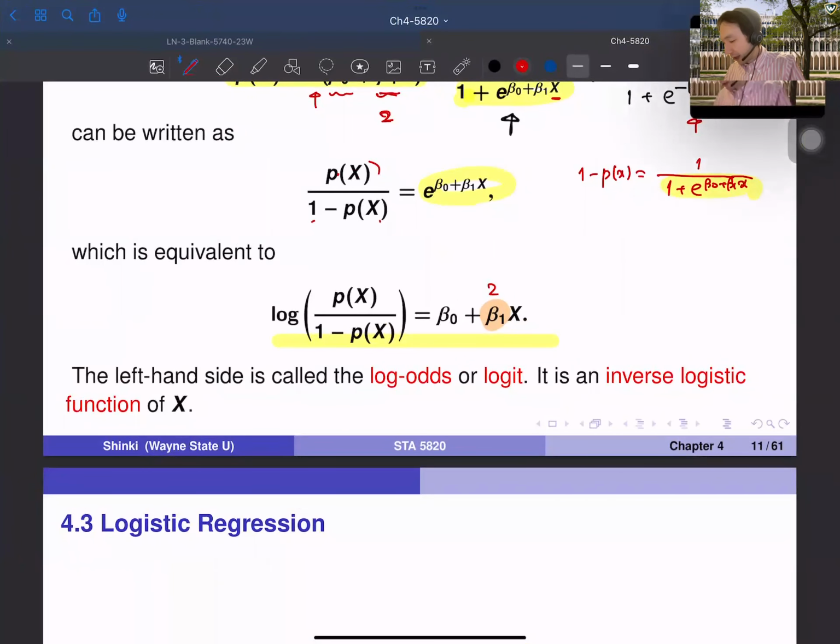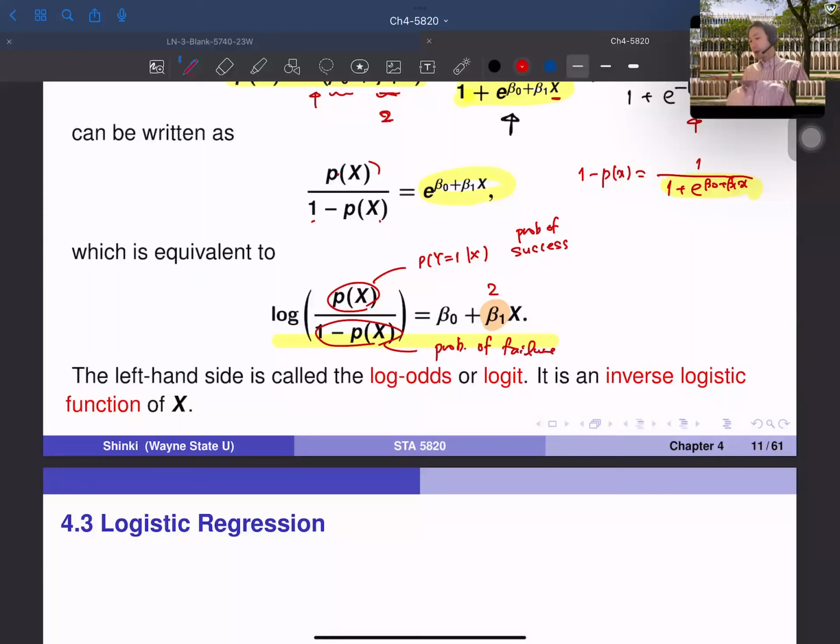So a kind of success probability, if y is equal to 1, is success. So that is statistical probability of success. And the denominator is probability of failure, because this is 1 minus probability of failure. And probability of success over probability of failure, that is called the odds in usual English.